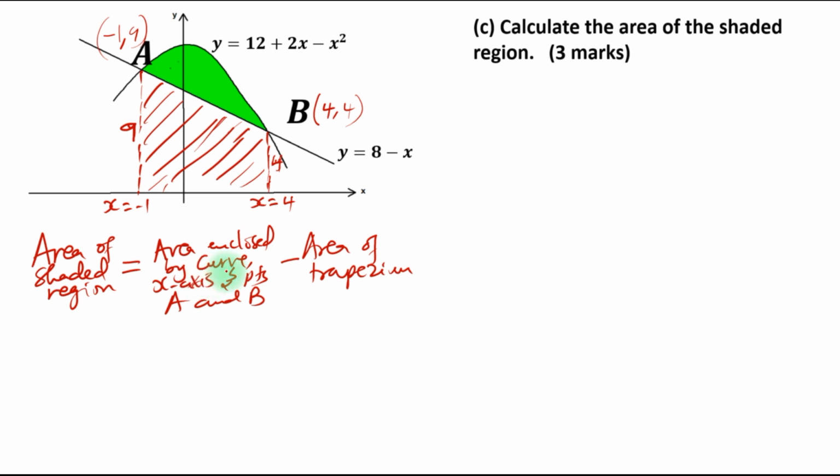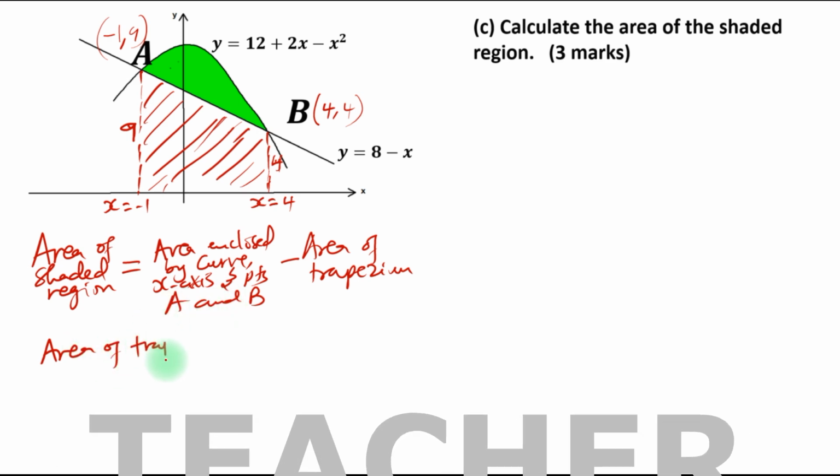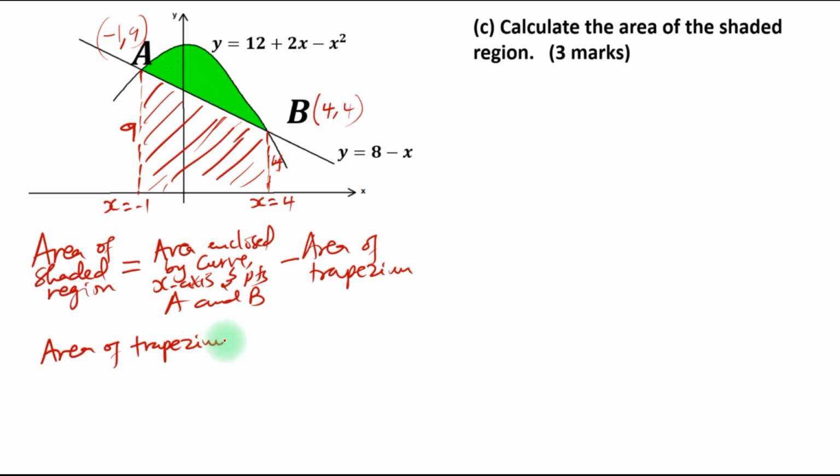We subtract the area of this trapezium. So we already know the area enclosed by the curve, x-axis and the points A and B, which is 53 and a third square units. We got it in part B, and therefore the area of the trapezium, it is a half (a plus b) multiplied by the height.